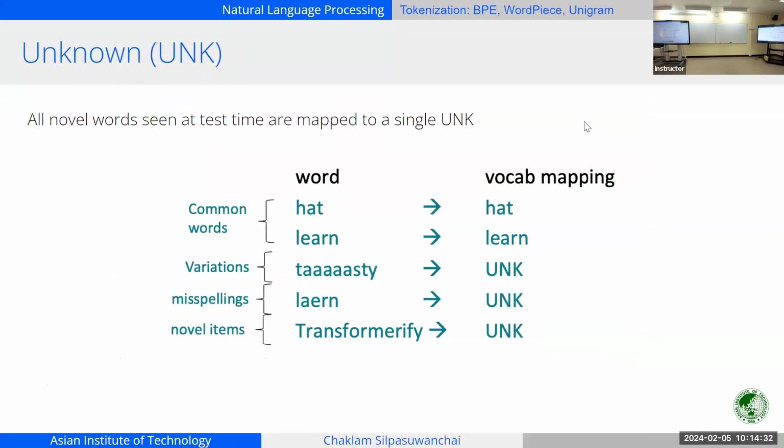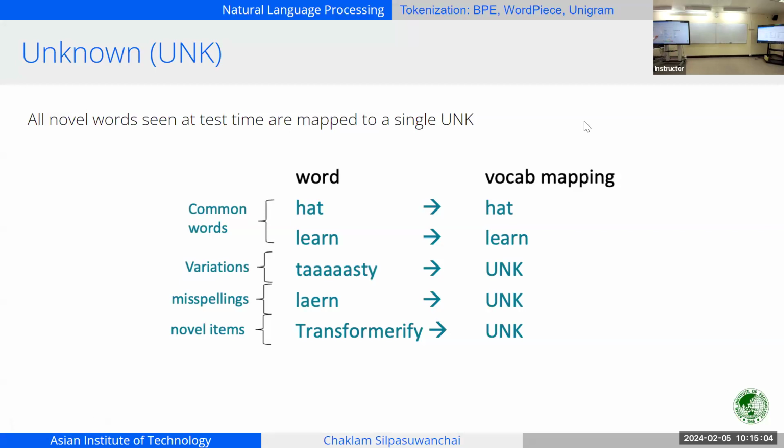So we have to first understand why we need subword tokenization, not only word tokenization. For example, I have words like "had" and "learn" that I can map to the vocab that I already have. But if I have something like "tasty," which young people like you and me like to type, right? It will map to UNK, correct?